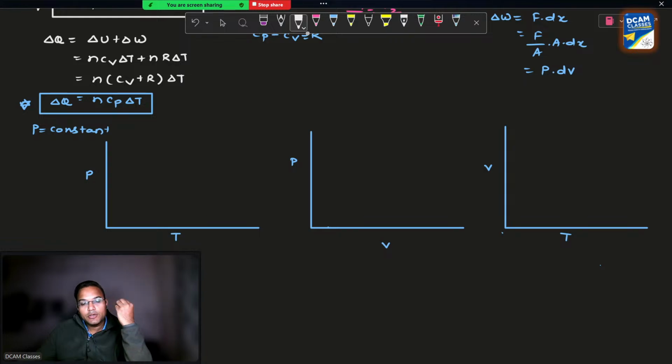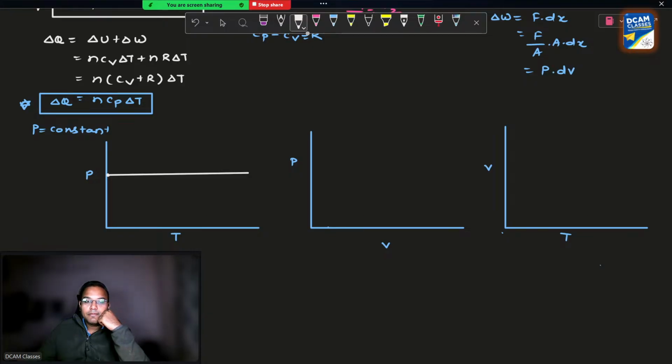Whatever may happen, you may do anything in the process. You may change volume, you may change temperature, but pressure is not going to change. That means the graph will be a straight line for all the temperatures. It depends where it will be.